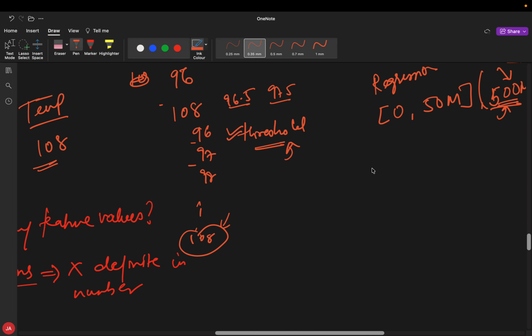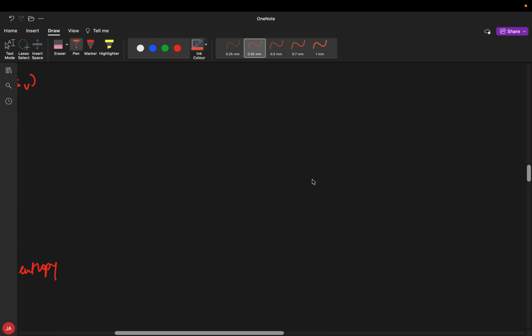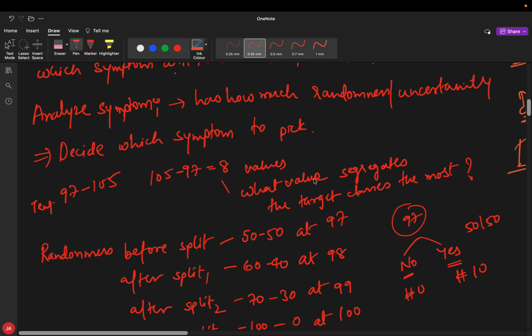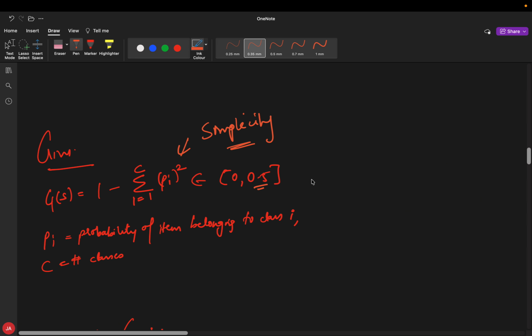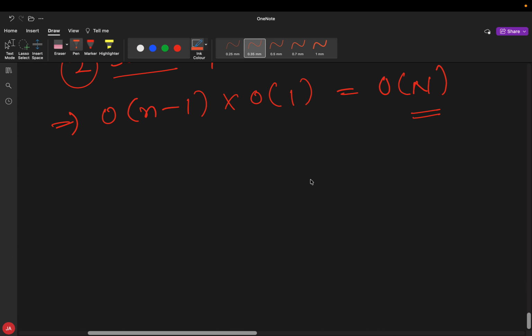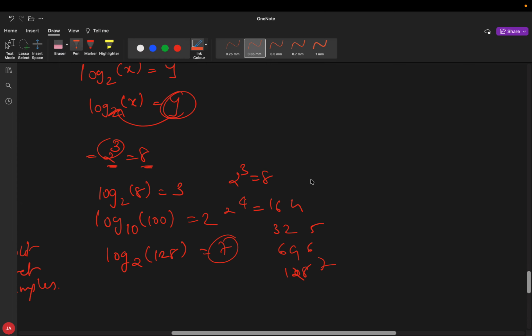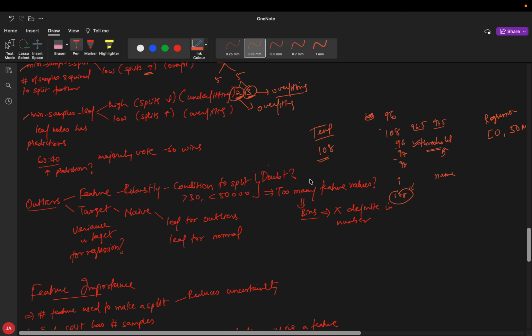Let's say we have a numerical value as a feature, like temperature, or another numerical value which has a very high range. Let's say we have BP.